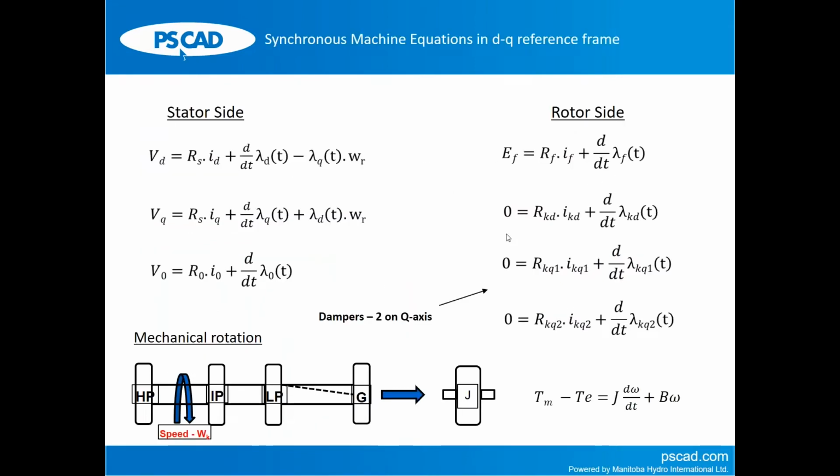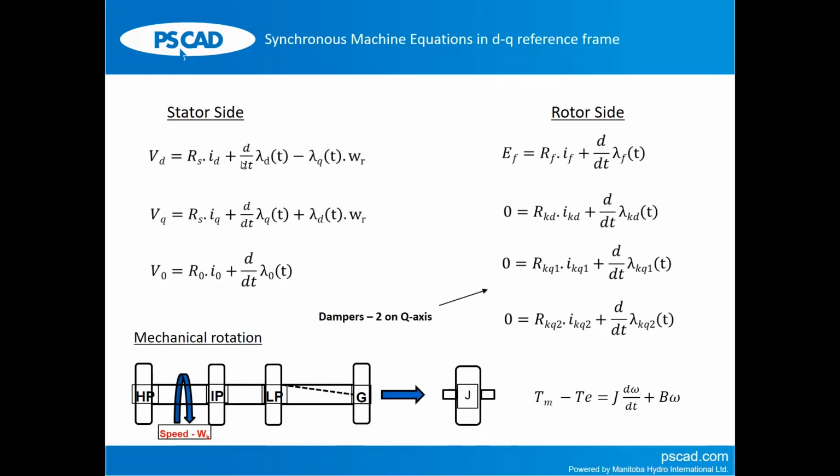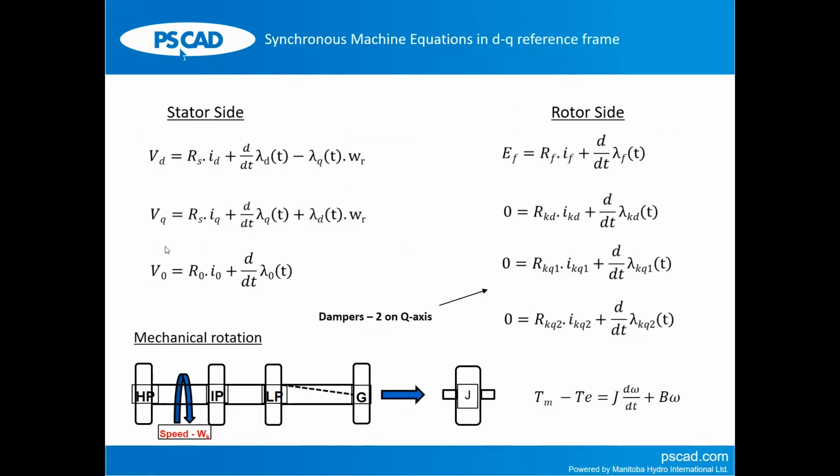What we do sometimes, to make the solution of this equation less complicated in computer programs, mathematically less complicated, is a one-to-one linear transformation from the so-called ABC domain to the DQ0 domain. When you transform this equation to the DQ0 domain, you get the same set of equations, but in DQ0 quantities.